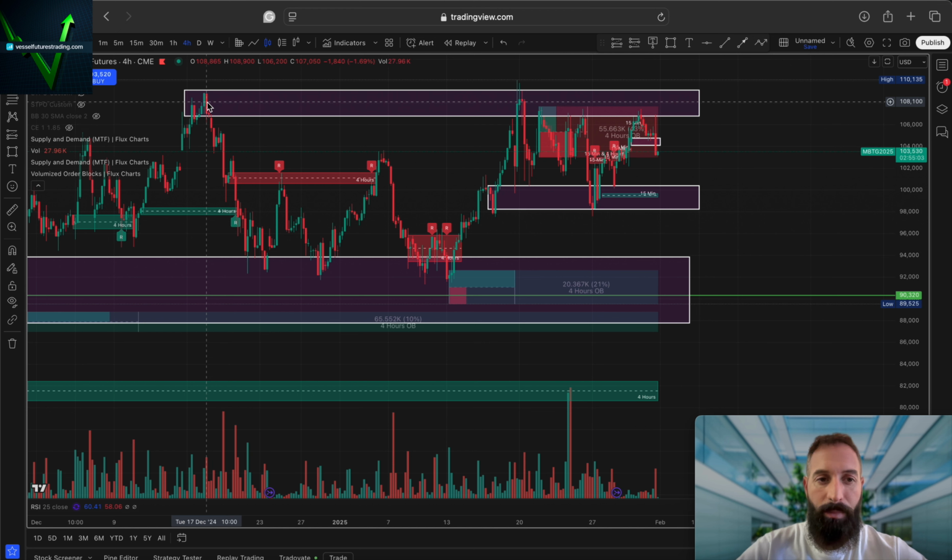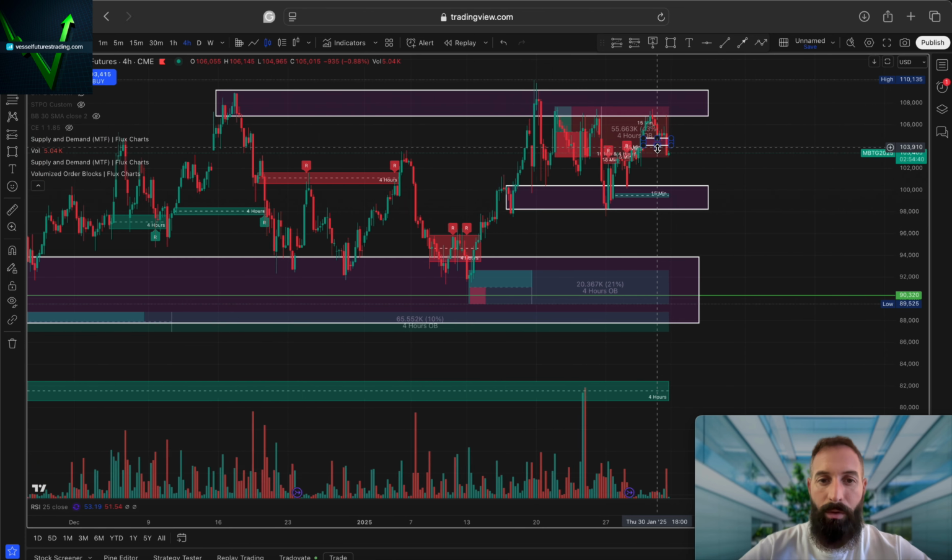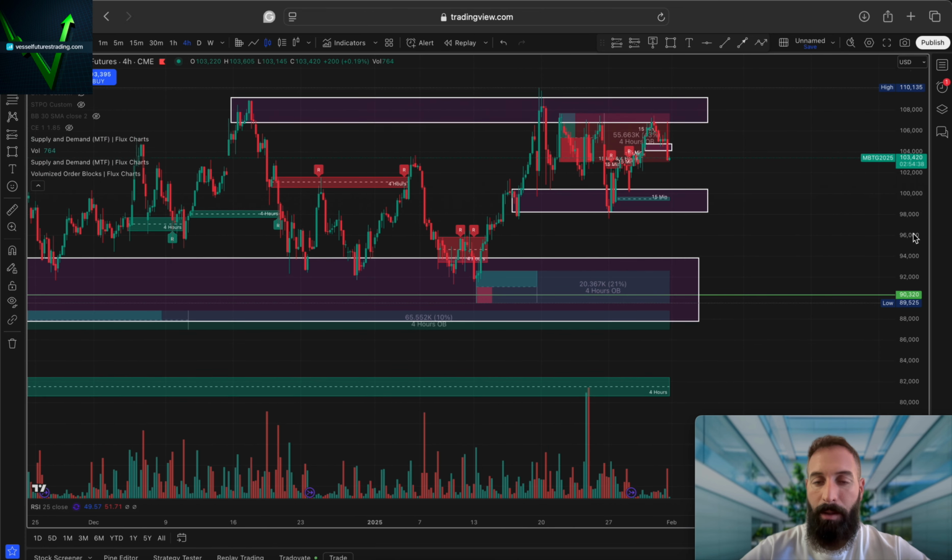It created a supply area over here, dropped into the major demand area and reversed one, two, three, four times. As we said, when you get into the pull area of a major demand, we're going to long it. When you get to a supply, we're going to short it, and we see perfectly how it works according to the supply and demand areas over here.